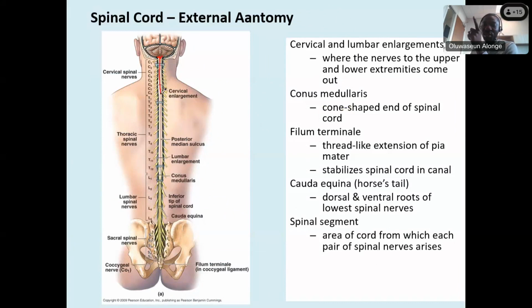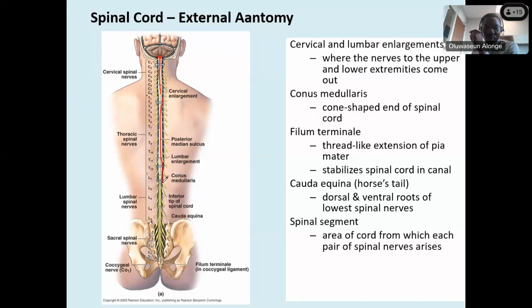Cervical vertebrae, there are 7 cervical vertebrae, right? C1 to C7. However, cervical nerves are 8, C1 to C8. There are 7 vertebral bones, but 8 cervical nerves. Don't confuse that.